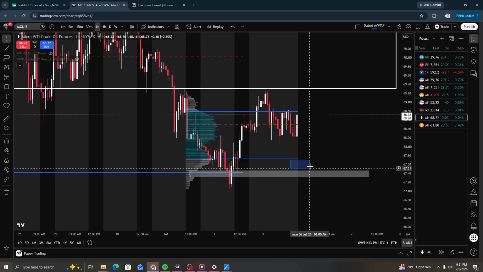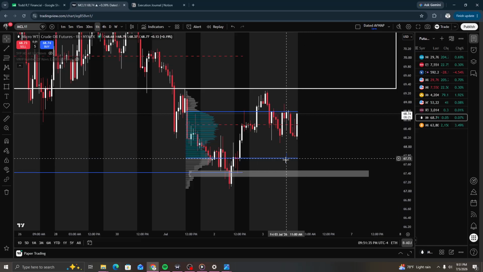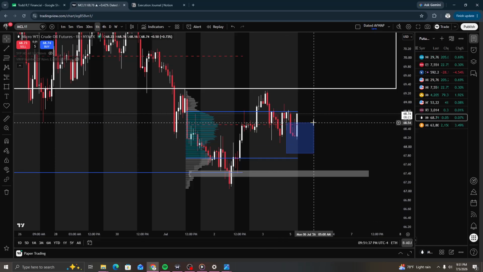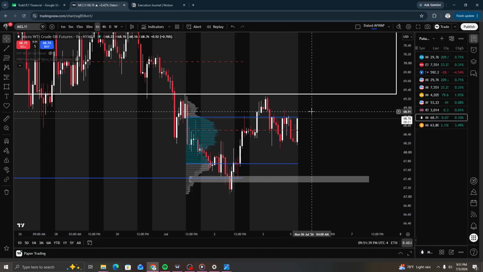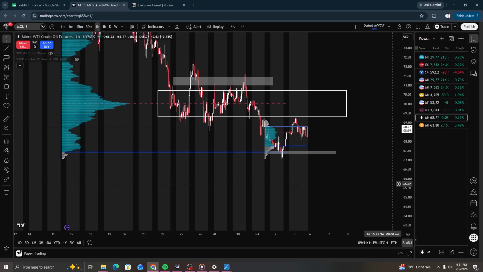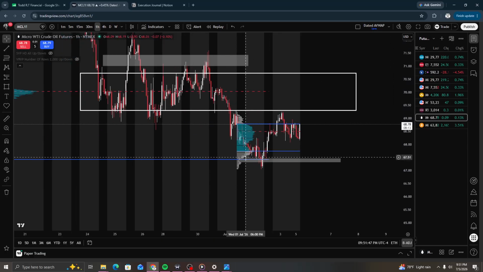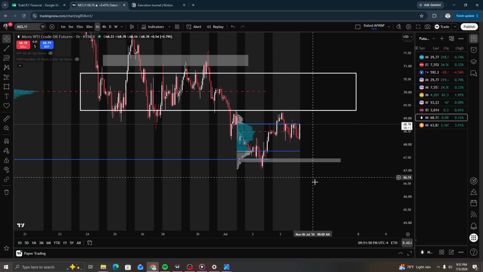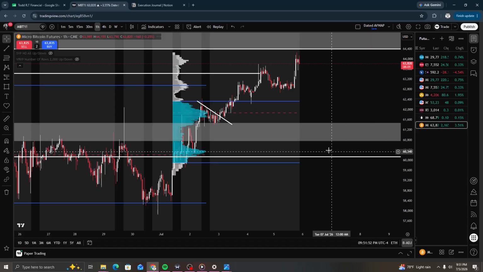I would like a little long. I would look for some longs tomorrow if we're in this area, back up to the range. Yeah, I mean, we're holding this area nicely. So we'll just have to see.